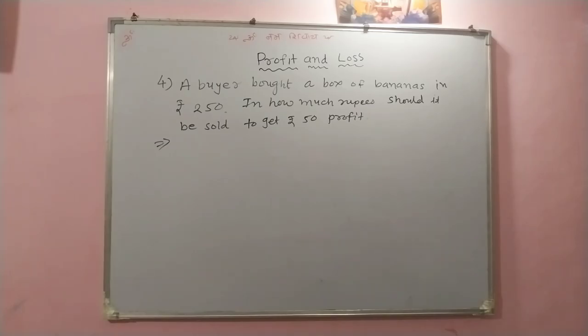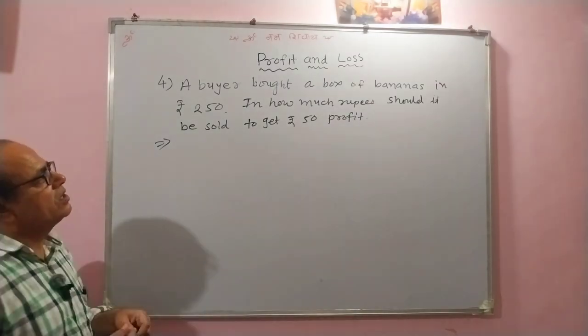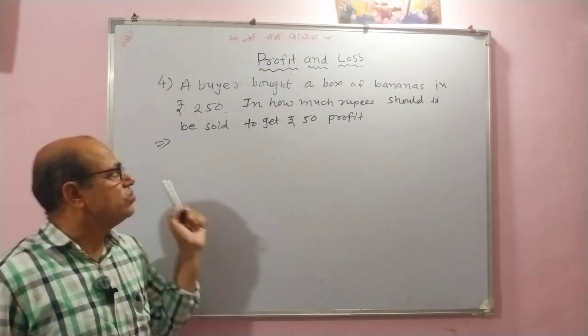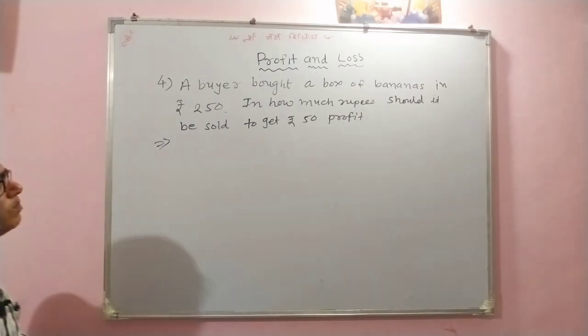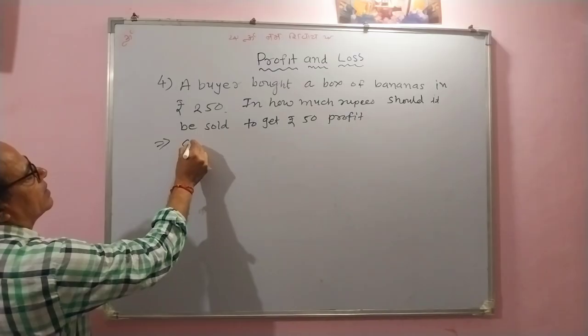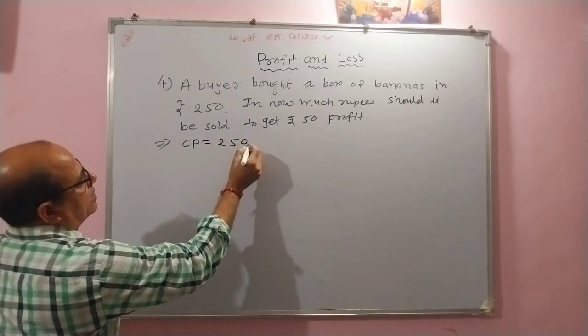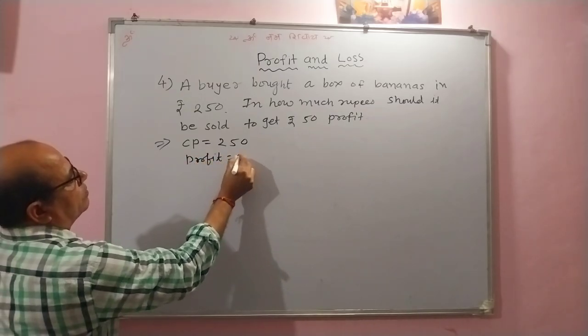Now see, the fourth example: a buyer bought a box of bananas for 250. For how many rupees should it be sold to get rupees 50 profit? It's very simple. Buyer bought means CP is equal to 250 and profit is equal to 50 rupees.